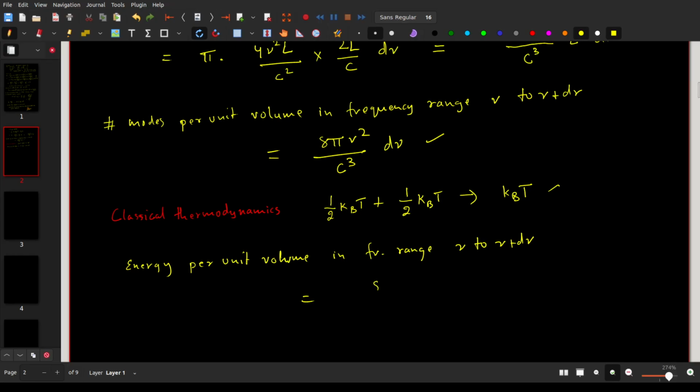Number of modes is 8 pi nu square d nu divided by c cube, and energy of each mode is kBT.